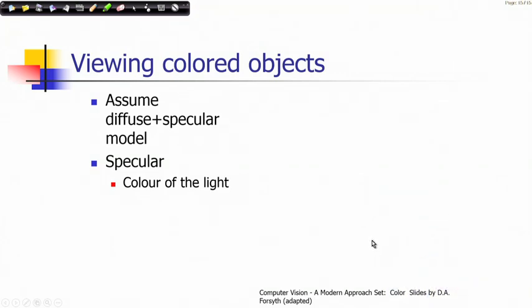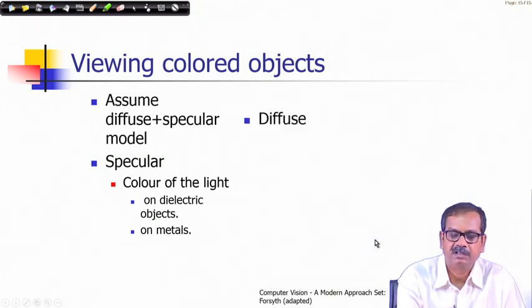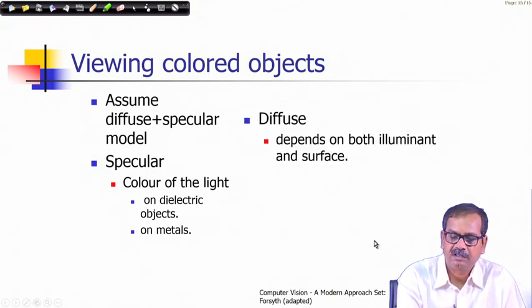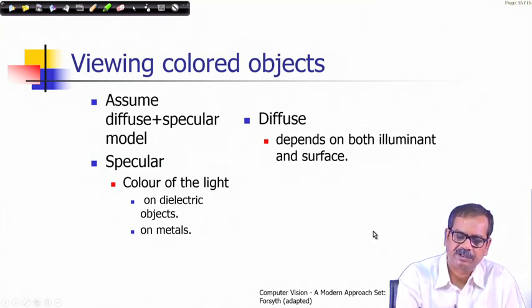For a specular reflection, you record the color of the light, on dielectric objects and on metals. Whereas for diffuse reflection, it depends on both the illuminant and the surface. It is the product of the intensities received from the illuminant and the reflectance property of the surface, the reflection coefficient of the surface.